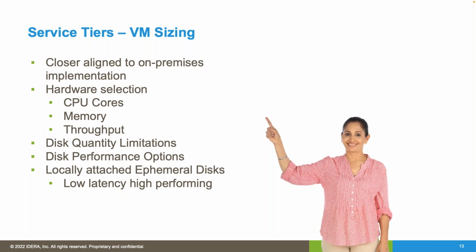Don't use ephemeral disks for data that you want to keep, obviously, because if you restart the virtual machine, and AWS has the same concept, you get great performance, but it's a temporary drive. If you restart that virtual machine, that drive is going to go away, and everything on that drive is going to go away from your virtual machine. So they're low latency, but high performing. If you need that type of workload, you can use those disks. Just keep in mind that they are temporary.